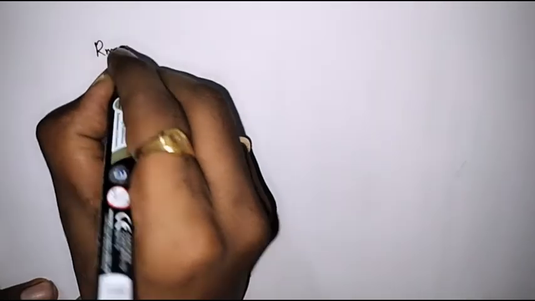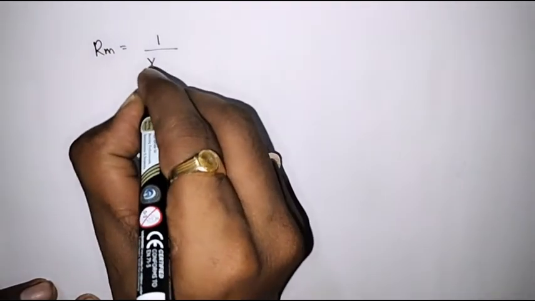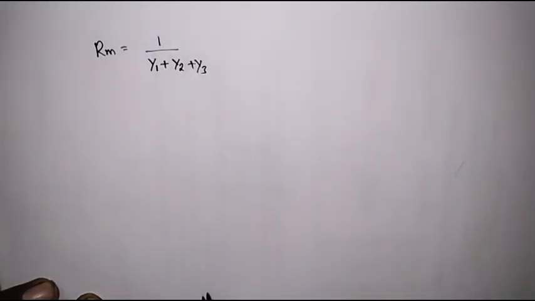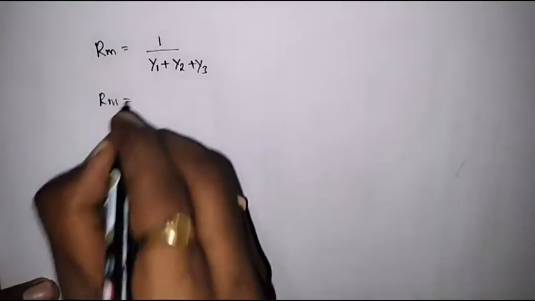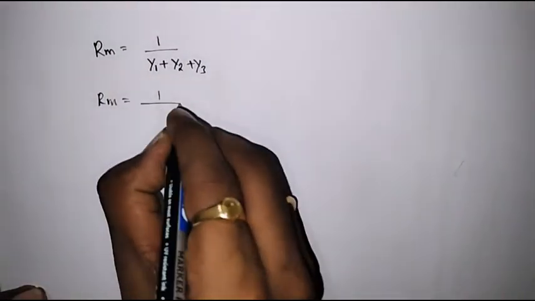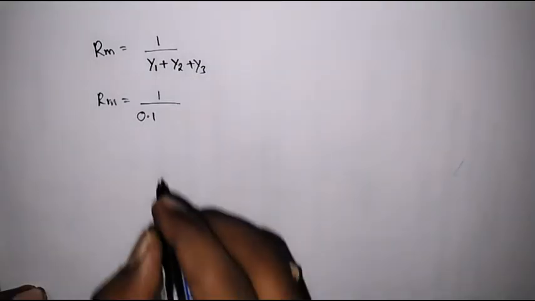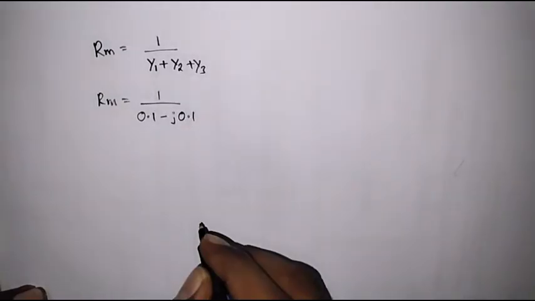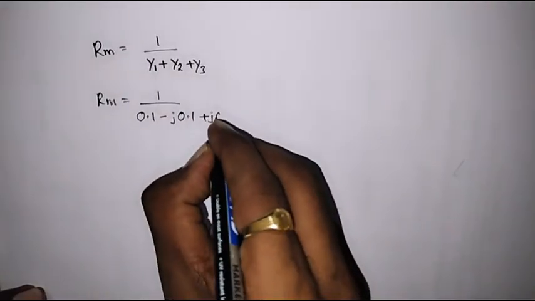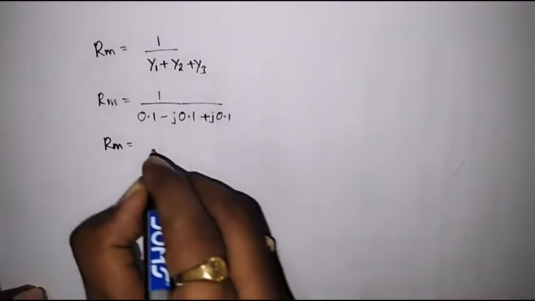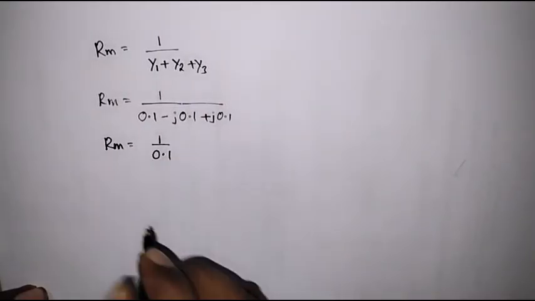Rm is calculated using the formula 1 over Y1 plus Y2 plus Y3. Substitute the values. Therefore Rm is equal to 1 over 0.1 plus Y2 is minus J 0.1 and Y3 is plus J 0.1. So simplifying this, we'll get Rm is equal to 1 over 0.1.